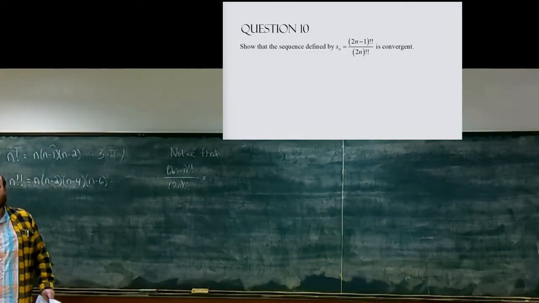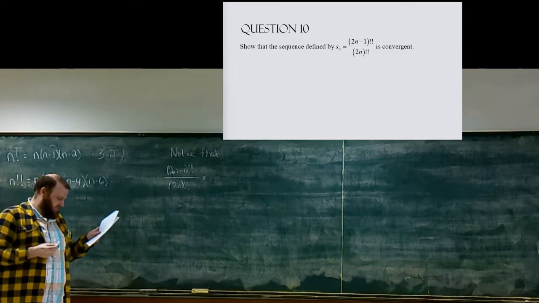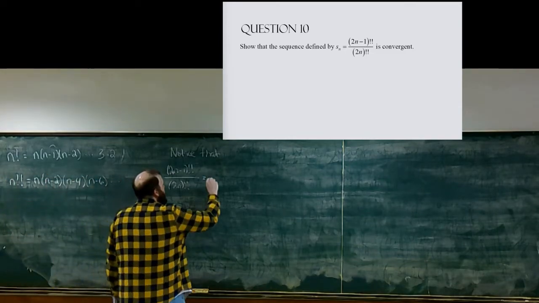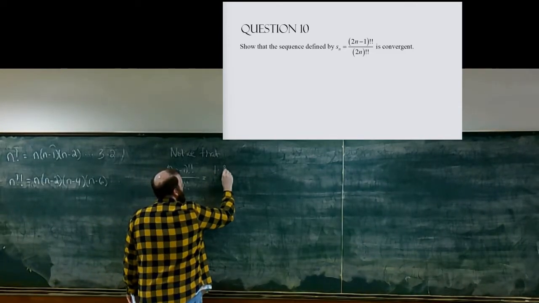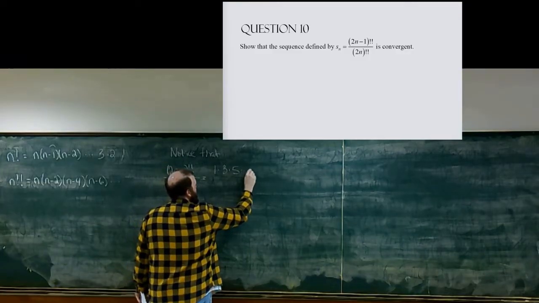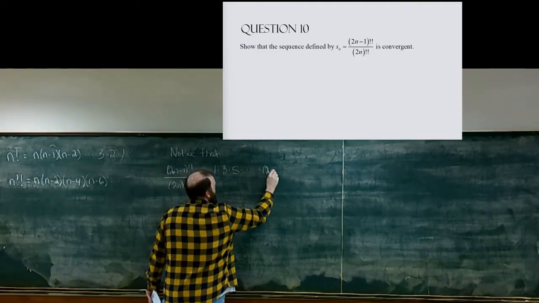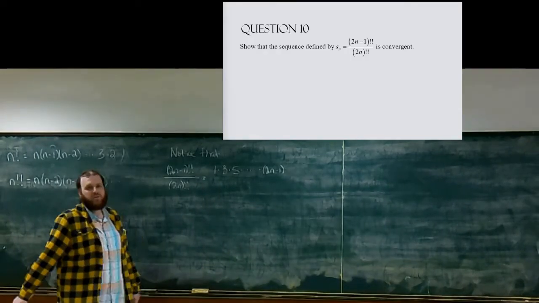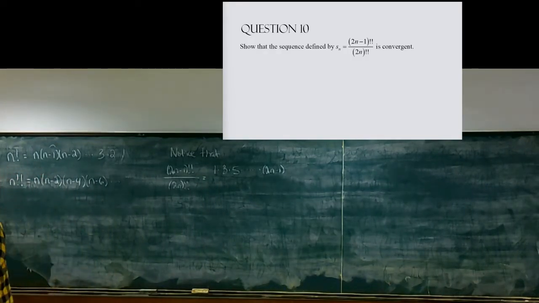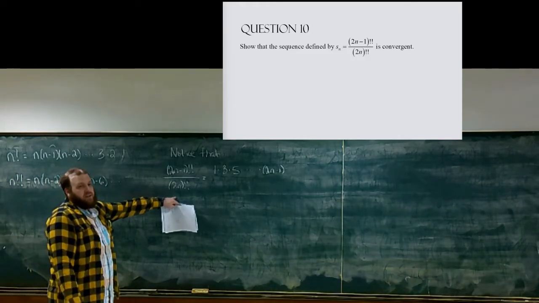So 2n minus 1 double factorial. I'm going to write in the reverse order. Right, 2n minus 1 is odd. So it's going to be the product of all the odd integers up to 2n minus 1. Right, so 1 times 3 times 5 times 7 times 9 times 11 and so on and so forth. 2n is even.